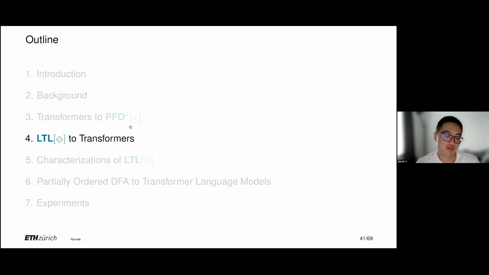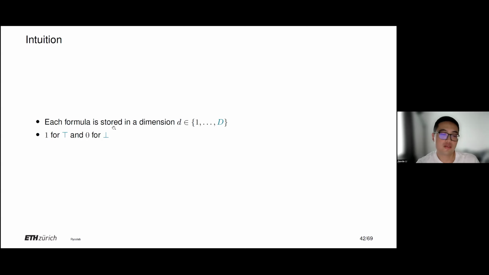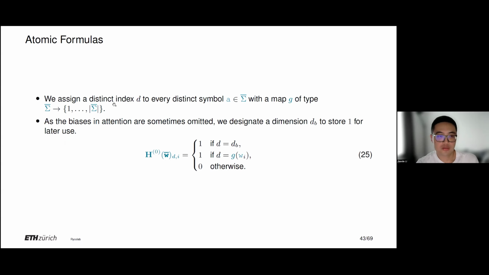Okay, so we move on to the second half, where we show how transformers can simulate formulas in LTL fast. Intuitively, we just assign each formula to a distinct dimension in the transformers, and we use 1 to represent true and 0 to represent false. First, we simulate the atomic formulas.